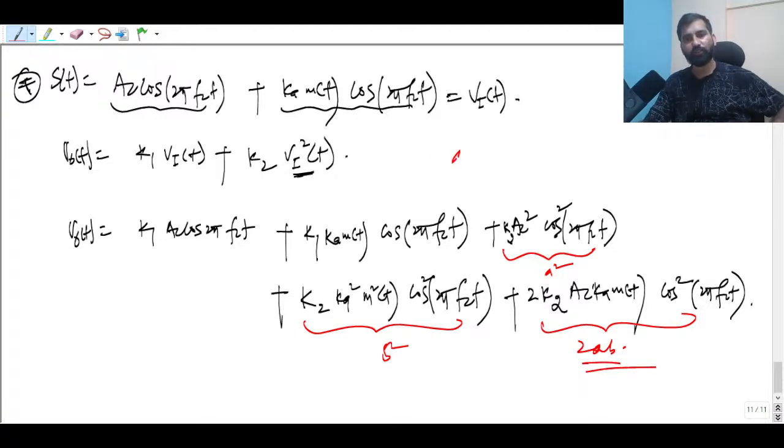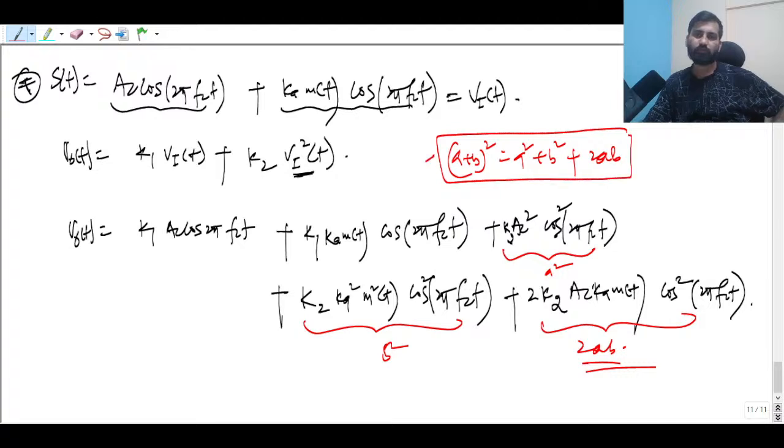Formula you know na, a plus b whole square is equal to a square plus b square plus 2ab, ठीक है। So ये मैथ्स है, इसमें कुछ भी नहीं है, right, okay, I think you can understand that, it is all about very simple thing, okay. So I think this is clear, okay.